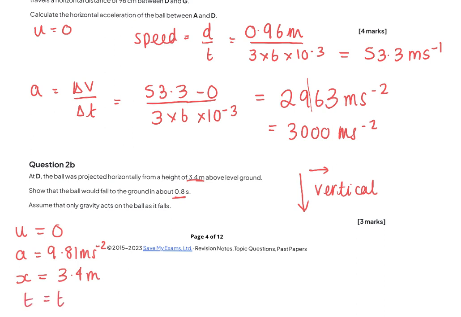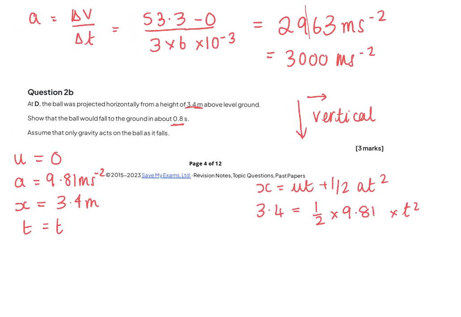So we're going to say t equals t, and we're going to work that out and hope that it gives us 0.8 seconds as an answer. The equation we're going to use here is x equals ut plus half at squared. So x is equal to 3.4. Our u is 0, so we don't need to put anything in there. Half times 9.81 times t squared.